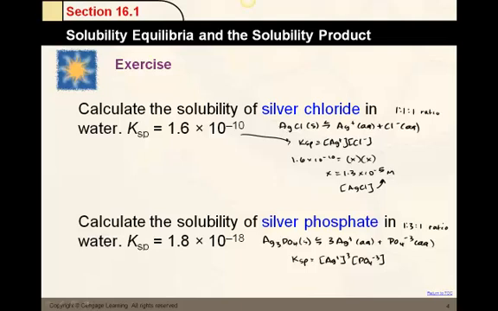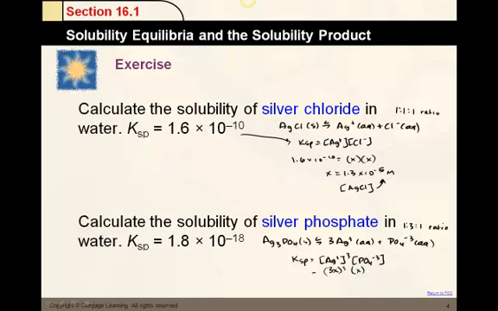Down here, doing the same thing, we see that the ratio is 3 to 1. So this is 3x and x. Notice the 3x is also cubed. You might think, well, you've already taken that into consideration when you put the bracket cubed, but you also have to triple it because the ratio is 3 to 1.